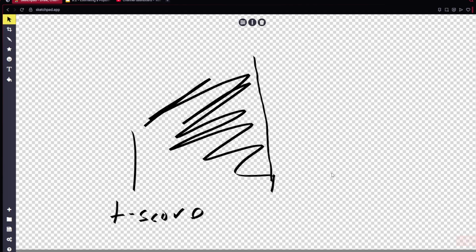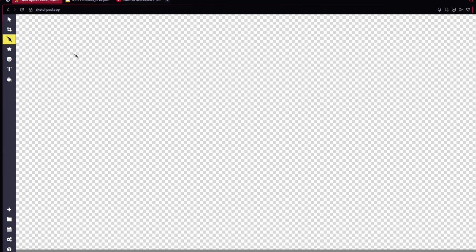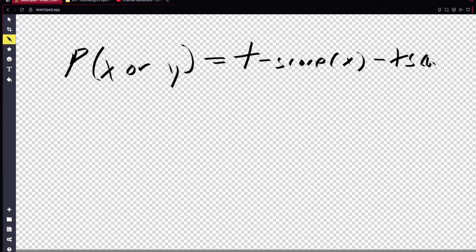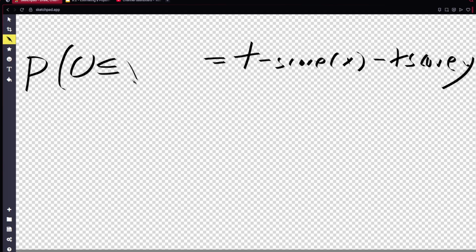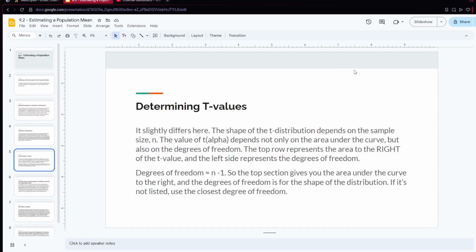So simply put, if you want to find a certain interval area, which is just going to be P of x or y, let's just say, you just find the t-score for x, and then you subtract t-score y. Or sorry, it should be P greater than x and less than y, which is going to be that formula right there, which I just made off the top of my head.